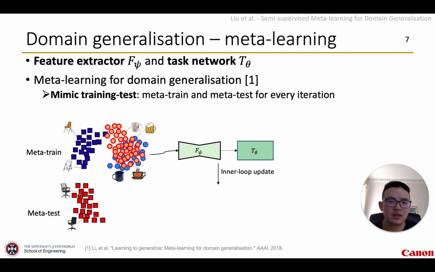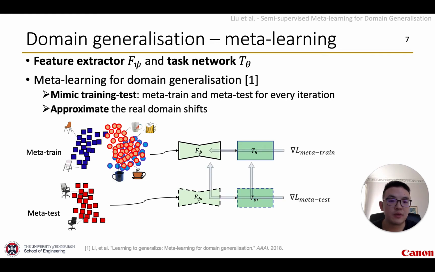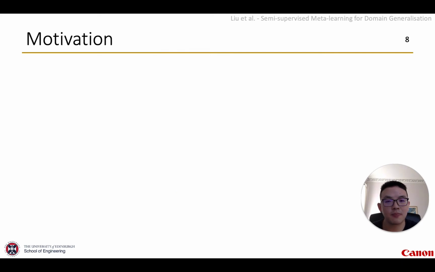When we update the model, we wish the updated weights to perform well on the meta-test set. We can measure it with the meta-test loss, and also the meta-train loss for the meta-train domains. So we update the weights of the original model by using the two losses. In this case, the model is trained to perform well on the meta-train and also meta-test sets.